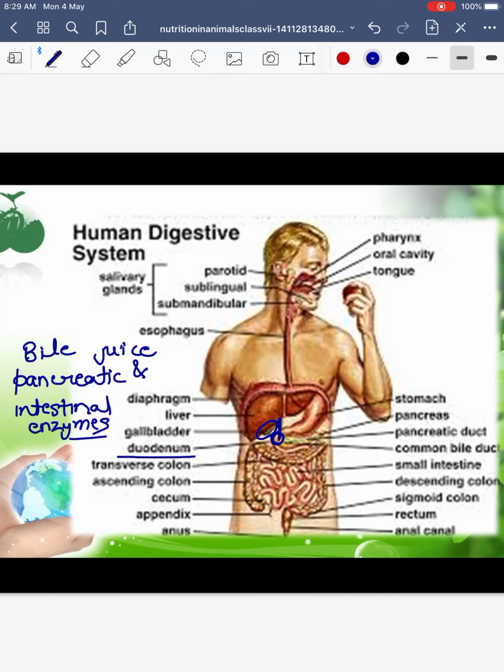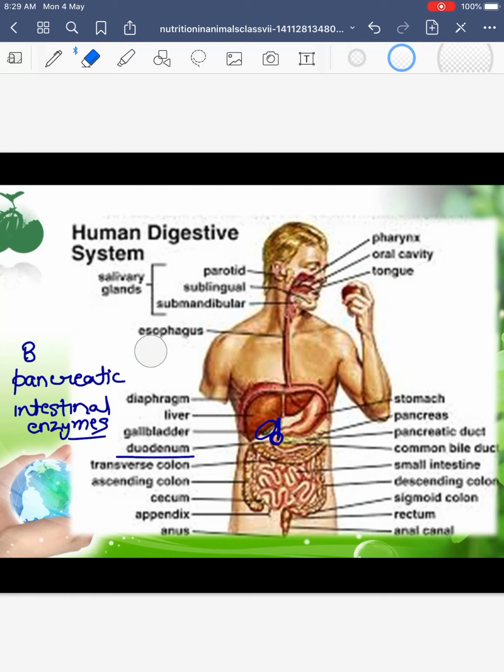That is opposite to acid, it makes the environment basic. Moreover, it activates various pancreatic and intestinal enzymes. Now, these pancreatic and intestinal enzymes also require a basic environment to work. And these enzymes and hormones help in breaking down the fat into smaller particles.